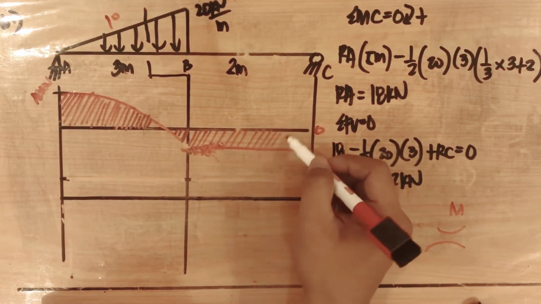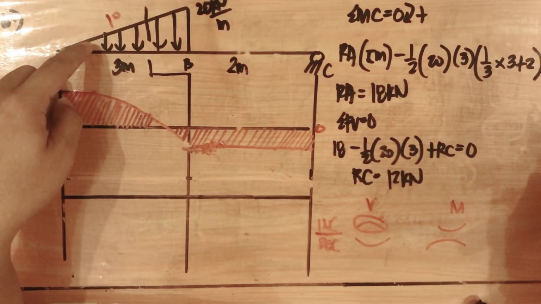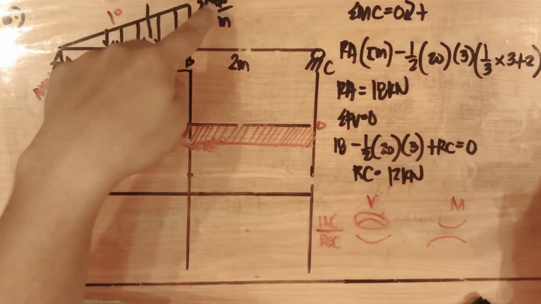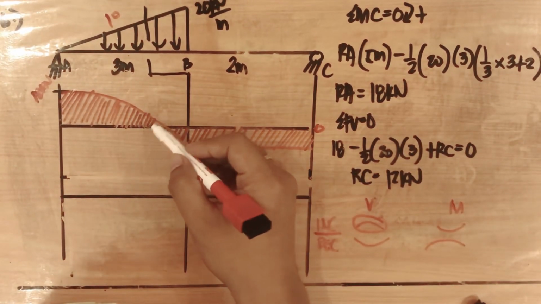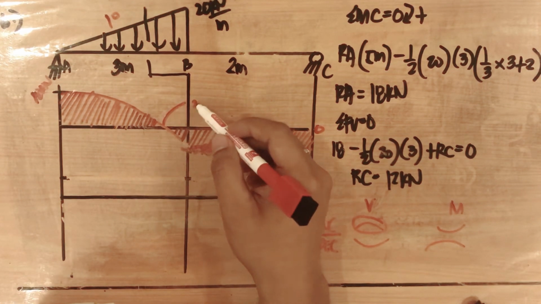Then, next. Under our uniform varying load, it varies, right? It increases. Under it, we have a 0 shear.